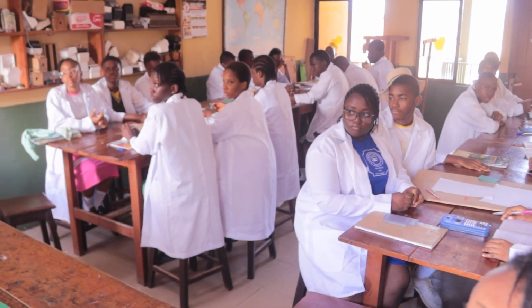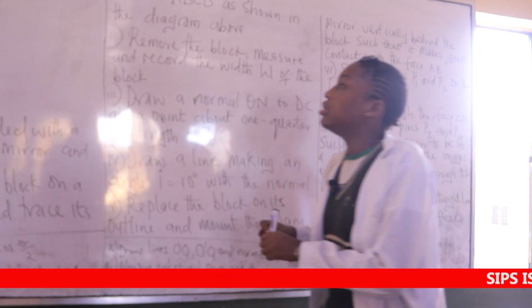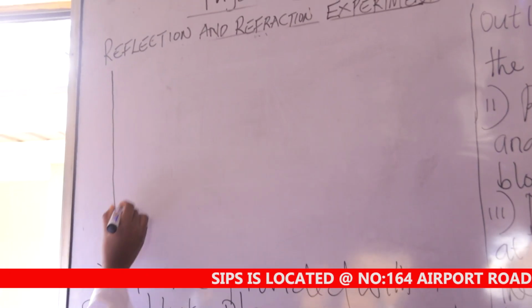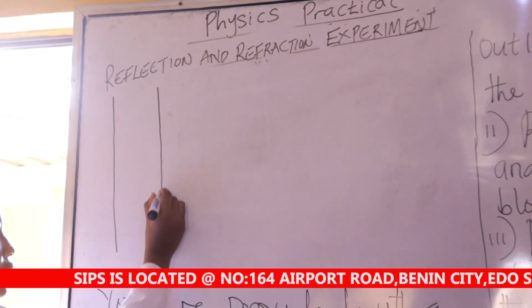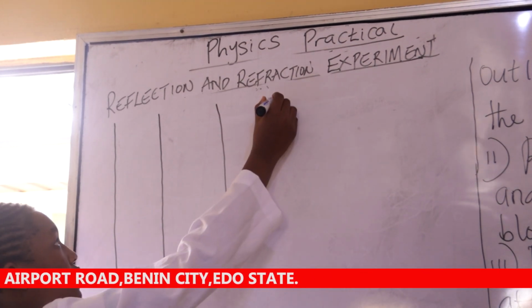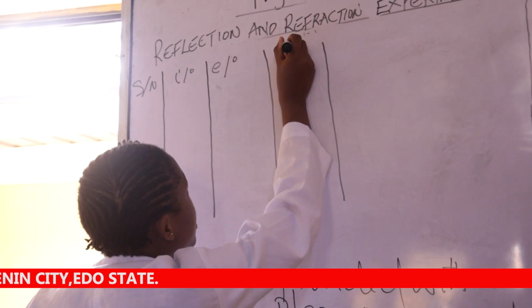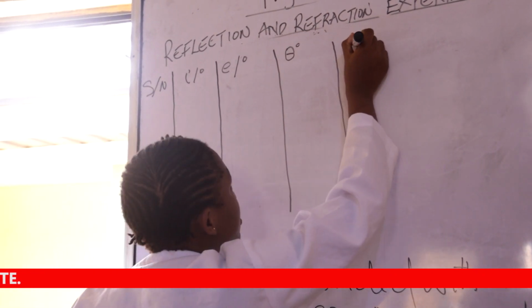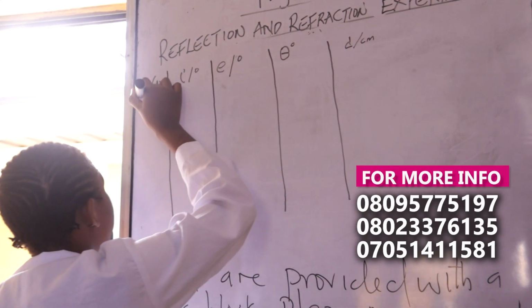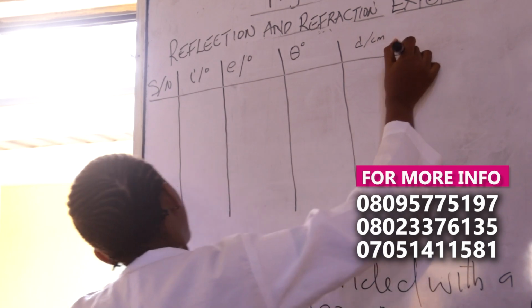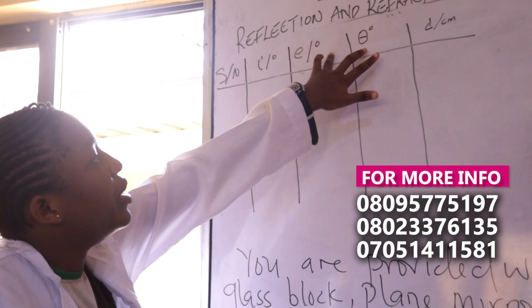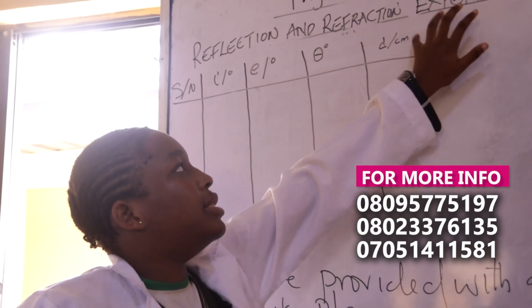I'm going to draw my table to be able to measure theta, E, and D: I, angle E, angle theta, and the length D.